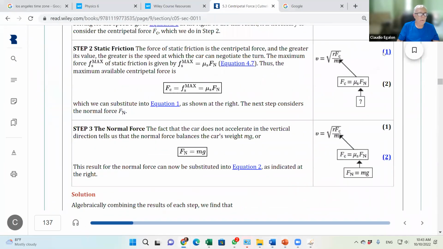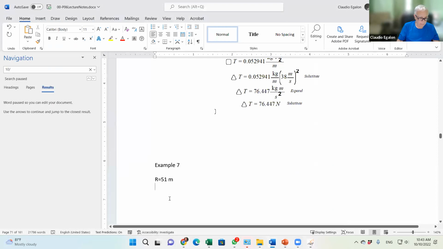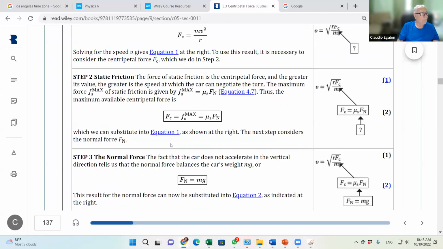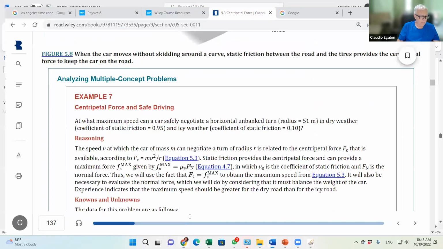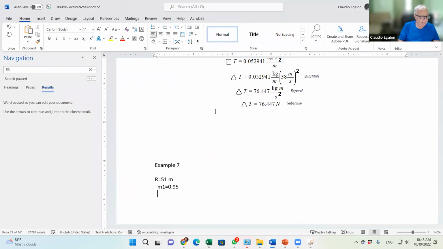Two coefficients of static friction. That's going to be mu1, mu1 equal to 0.95, and another coefficient of static friction.